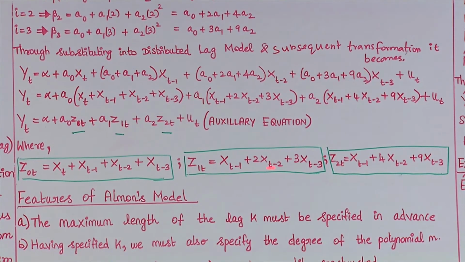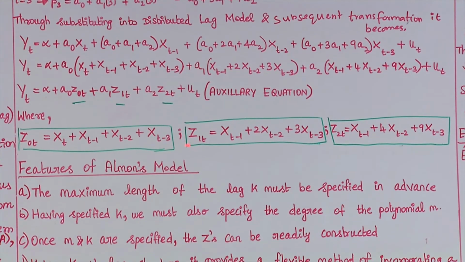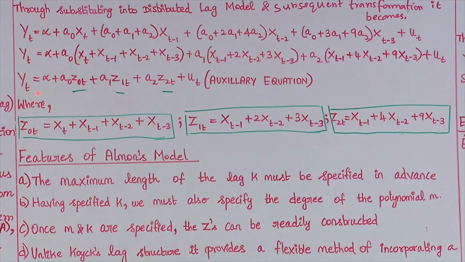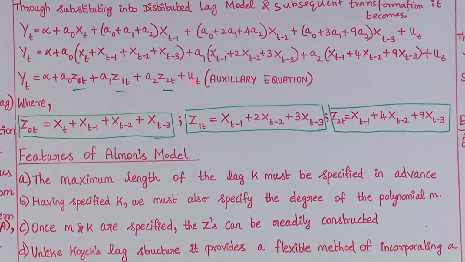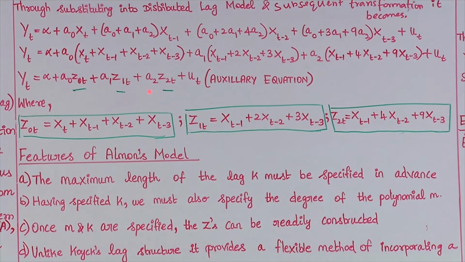So these variables are computed, and this auxiliary equation is estimated with these computed variables, and estimation will give the values of alpha, a0, a1, a2.